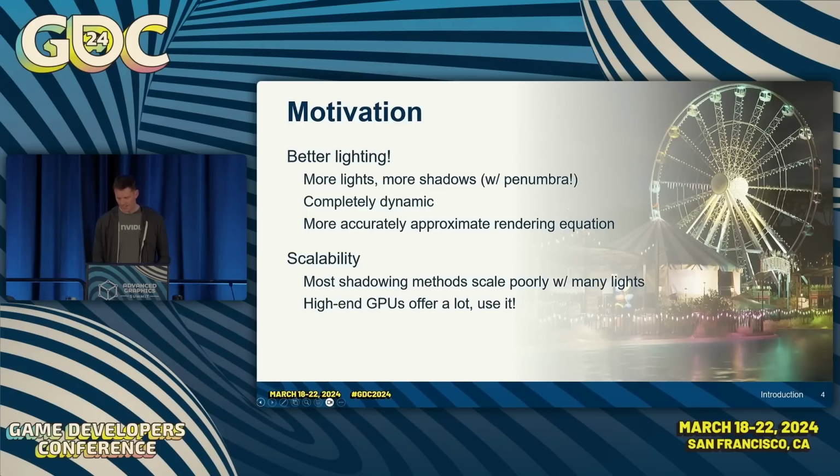And this is not a shadow map thing. I mean, memory is always an issue, and performance is always an issue when you have tons of lights. But fortunately, today's GPUs, especially high-end GPUs, offer a lot more exciting possibilities that we'll be talking about through the course of this talk. So we really encourage you to explore these new opportunities that we talk about.